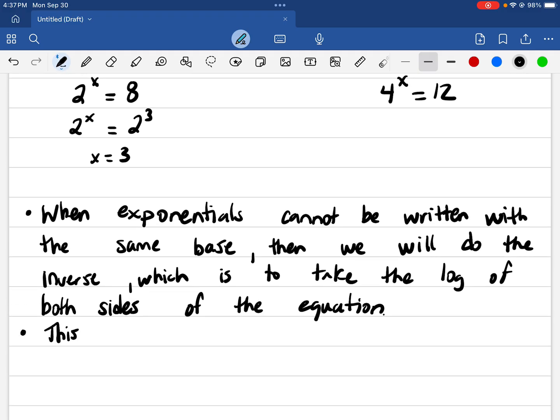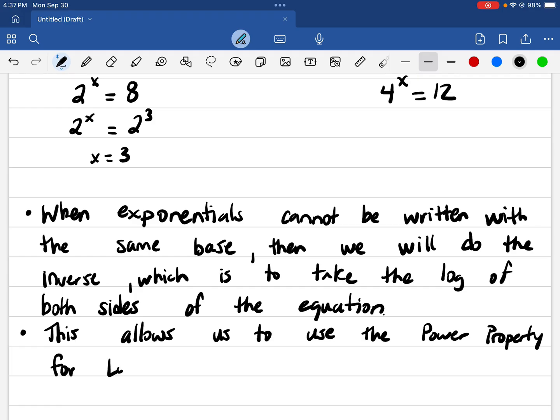This allows us to use the power property for logs to continue solving the equation.